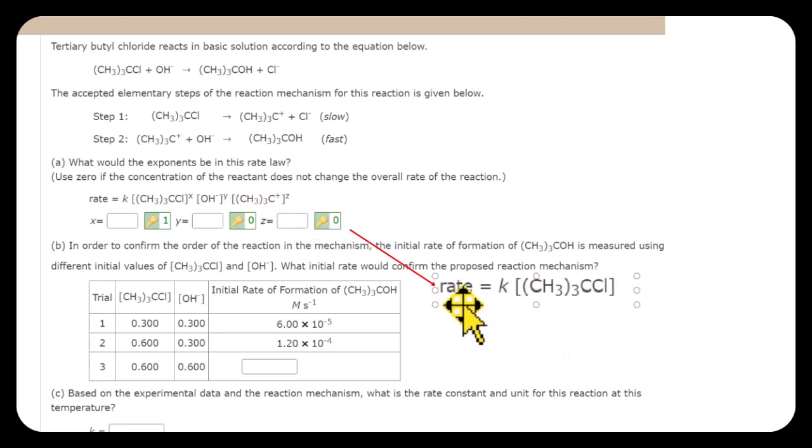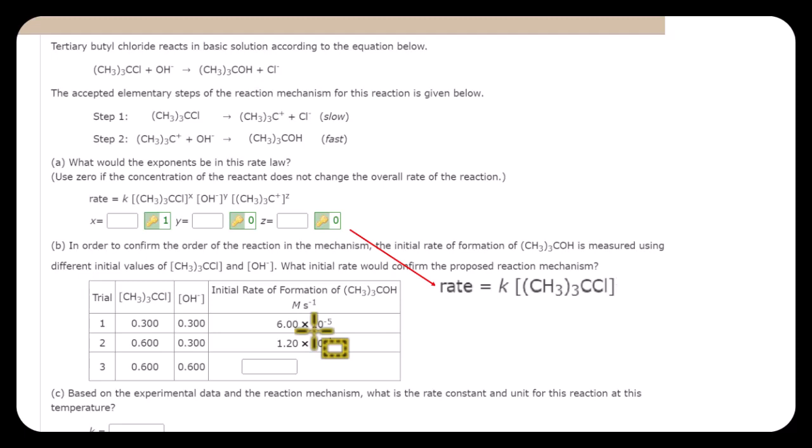So the rate law is just the rate is equal to a constant times the tert-butyl chloride concentration.